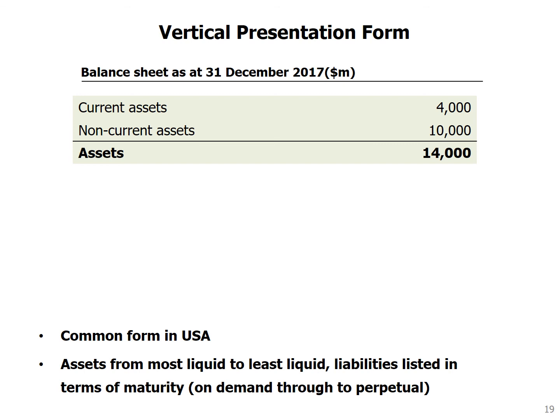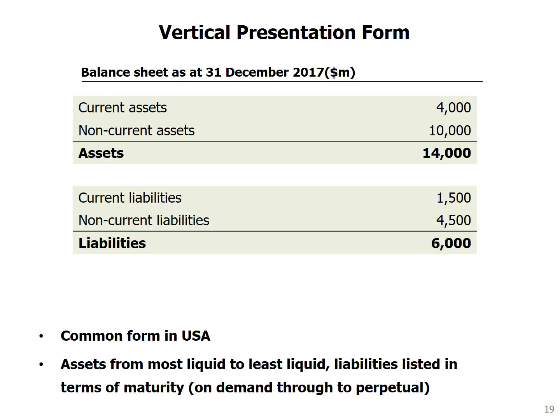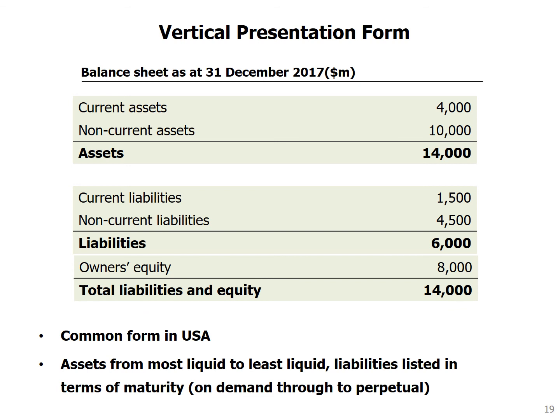So current assets, non-current assets, total assets, and then we have current liabilities listed in terms of maturity. So current liabilities and non-current liabilities, total liabilities is 6,000, and owner's equity of the difference between assets and liabilities of 8,000. Total liabilities and equity is 14,000. This is my preferred form. It is the simplest and it is the easiest to understand.